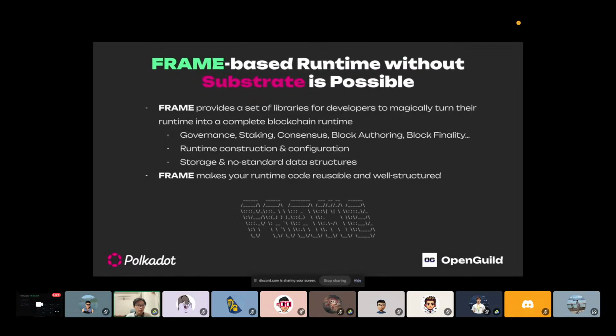So a FRAME-based runtime with Substrate is possible as well. FRAME provides a set of libraries for developers to magically turn the runtime into a complete blockchain runtime. Using Substrate, that means you don't need the libraries for cryptography. If you want to build your own runtime and your own node, you can just use FRAME in your Substrate, in your own custom runtime and custom node, to tune it on your own.